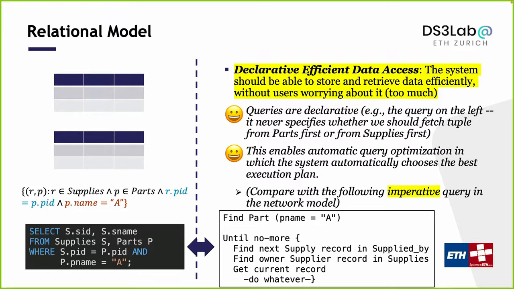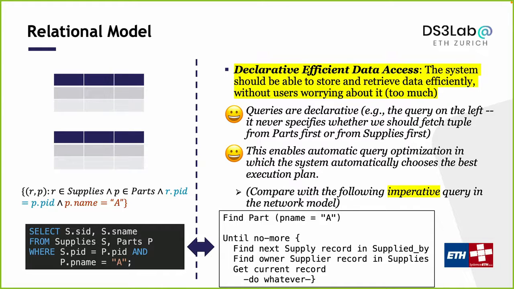And the second thing is this declarative performance optimization. That's something we really like in the relational model, because if you compare with a query you would write in the hierarchical model, one thing you realize is that in the relational model, I don't tell you how to get there.